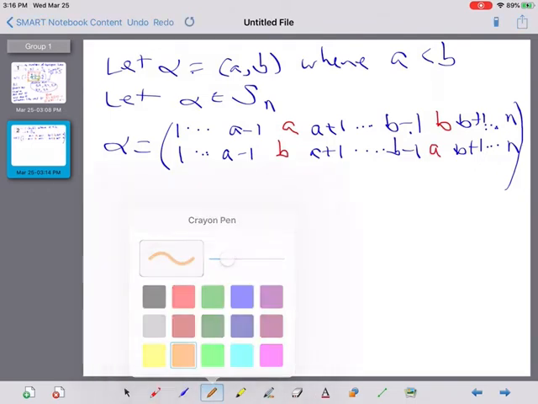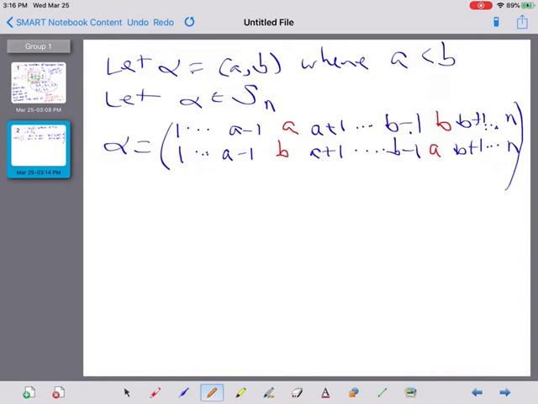We are going to get a bunch of inversions that start with B and end with the numbers A plus 1, A plus 2, all the way up to B minus 1 and A.